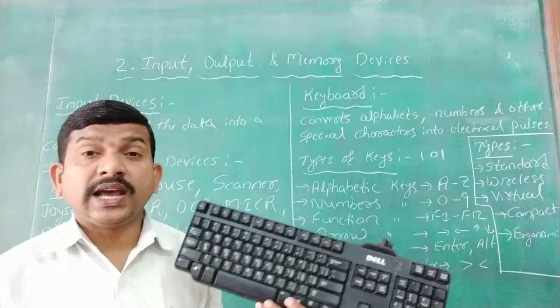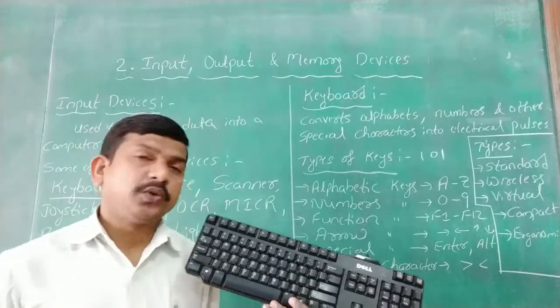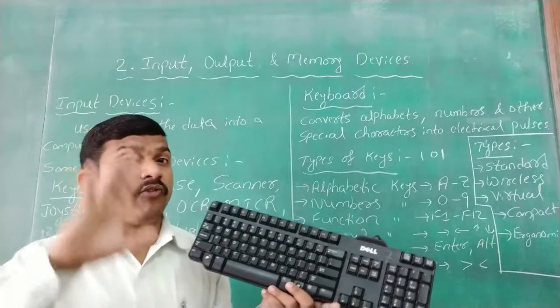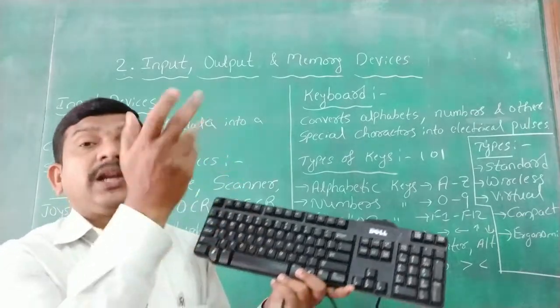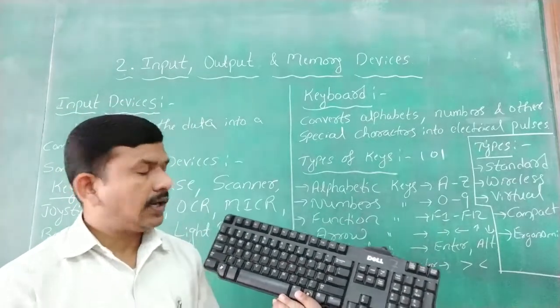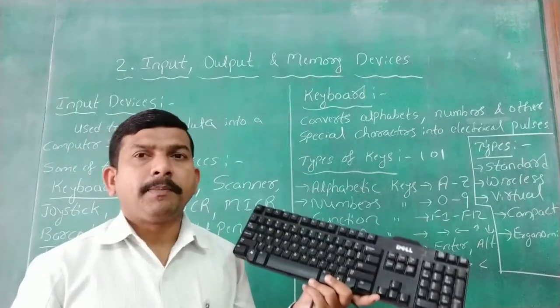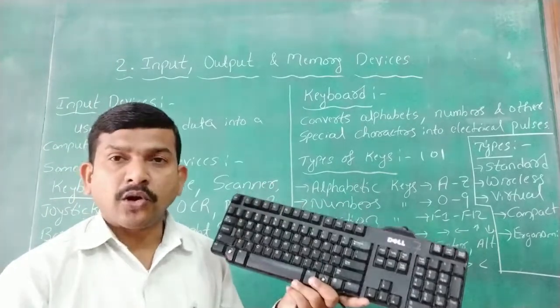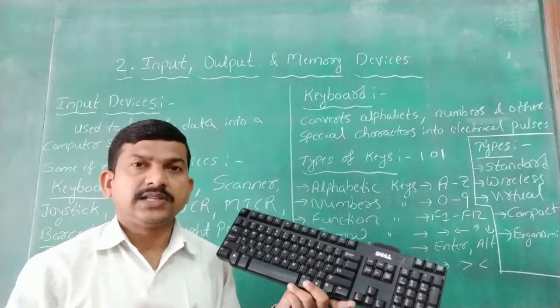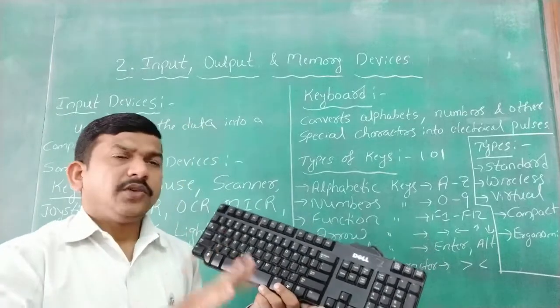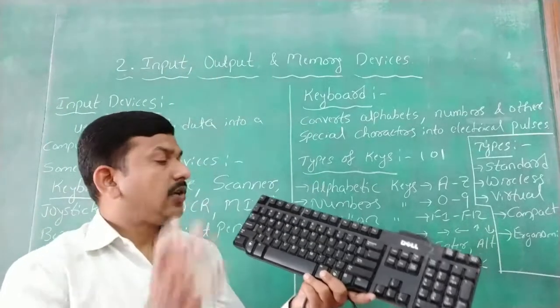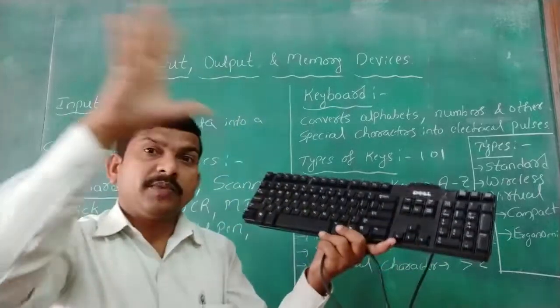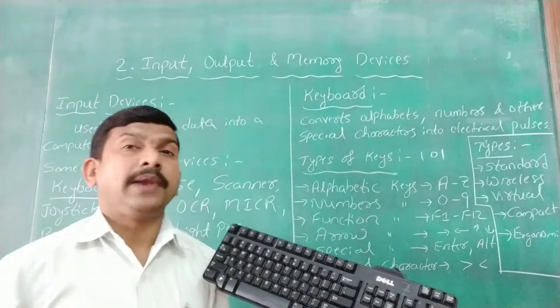We call them function keys because in different applications their work will be different. For example, if you open any application, some window, and press F4, its job is different. If you open some other application and press F4 there, its job is different, depending on the application.